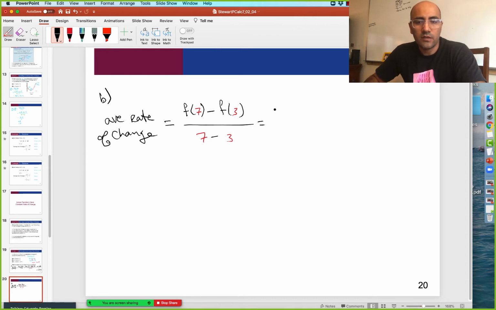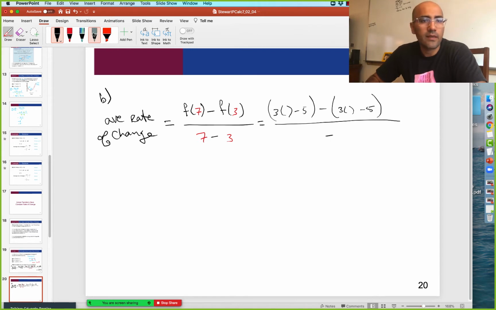Okay, so this is going to be 3 times blank minus 5, and then we're going to insert the 7 in there. Minus 3 times blank minus 5. Minus. And then we're going to put a 7 in here, a 3 in here, a 7 in here, and a 3 in here.